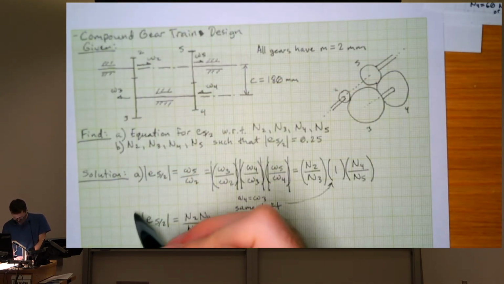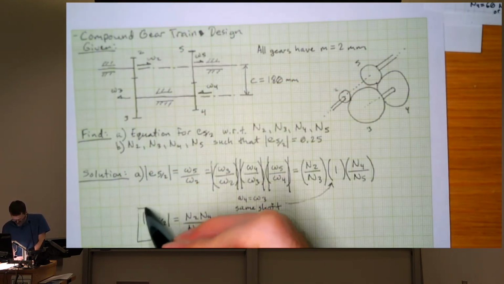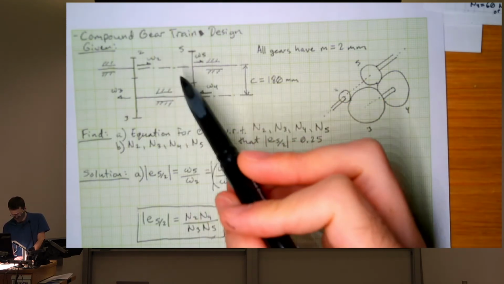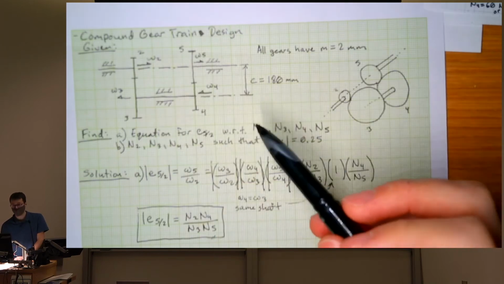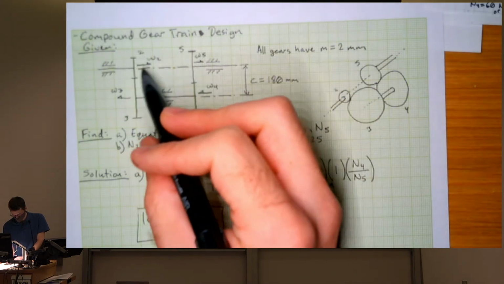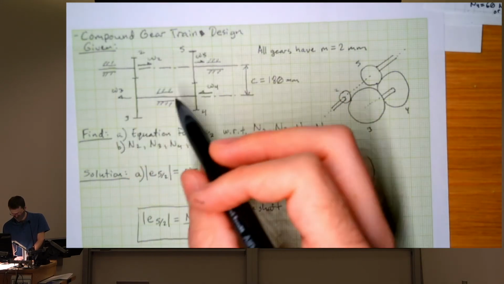But I think that it's best, instead of worrying about positive and negative gear ratios, when you're dealing with compound gear trains, anything that isn't a simple gear train, don't worry about positive and negative. Just take the magnitude and say that, for this case here, omega 2 and omega 5 spin in opposite directions.